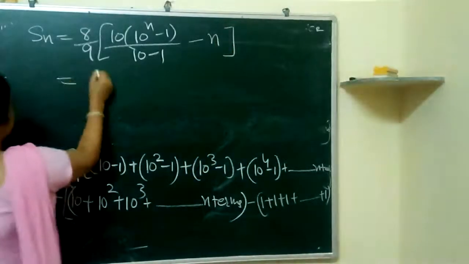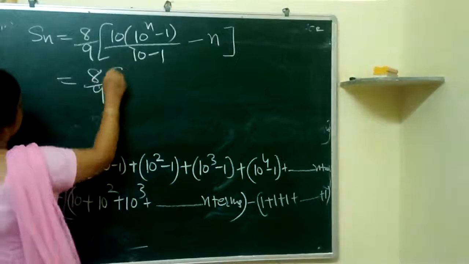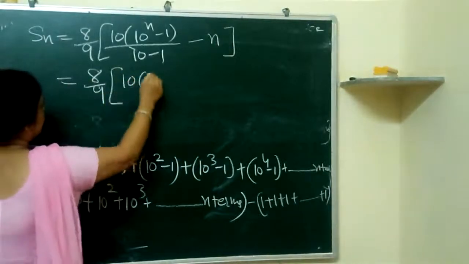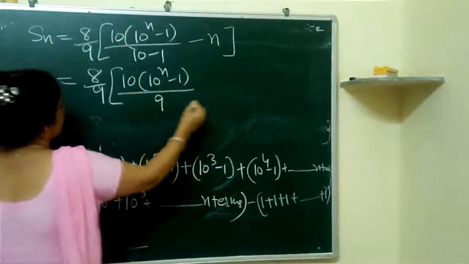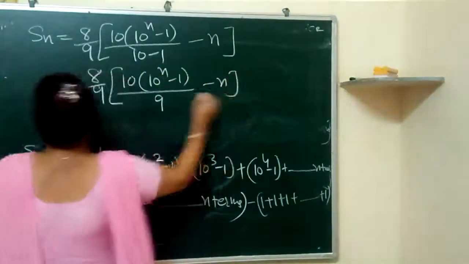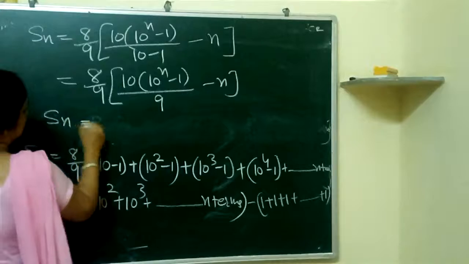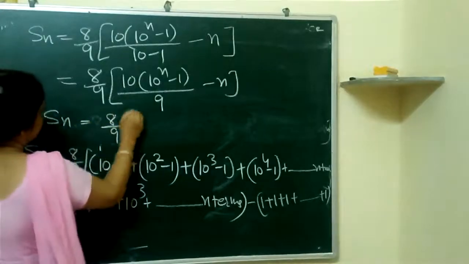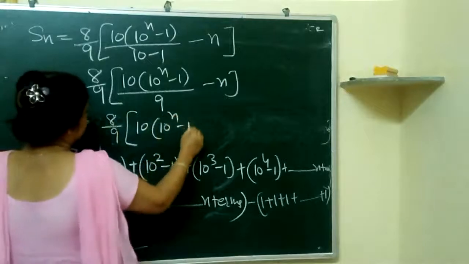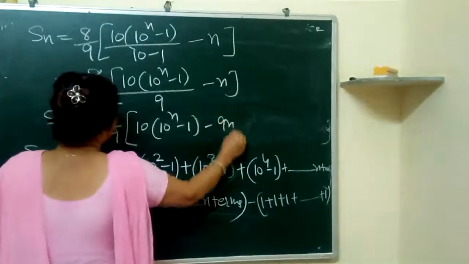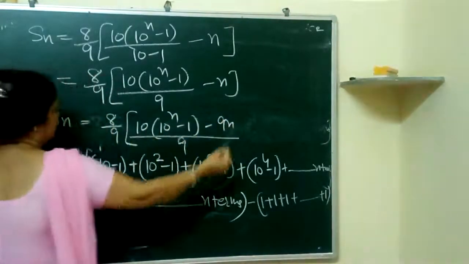After that 8 upon 9 into 10 raised to power n minus 1 upon 9 minus n. Therefore Sn equal to 8 upon 9 into 10 raised to power n minus 1 minus 9n upon 9. You can leave it up to this.